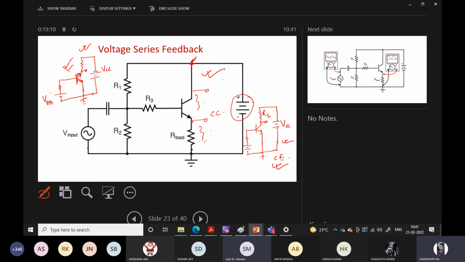No, no. Here, this is the collector, this is the emitter. The voltage I am taking from the emitter here, I am also taking from the emitter here. If I measure the voltage drop with respect to this, it is measured with respect to ground.